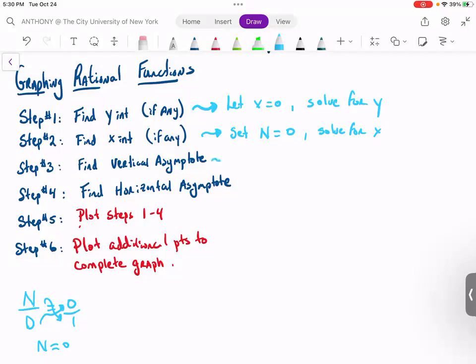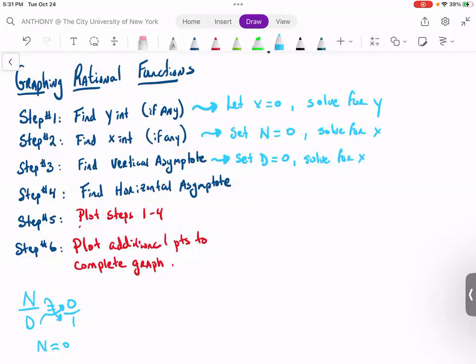Now, if you want to find the vertical asymptote, you set d equal to 0 and you solve for x. Right? So when you set the numerator equal to 0, you got the x-intercept. But for your vertical asymptote, you set the denominator equal to 0, solve for x.